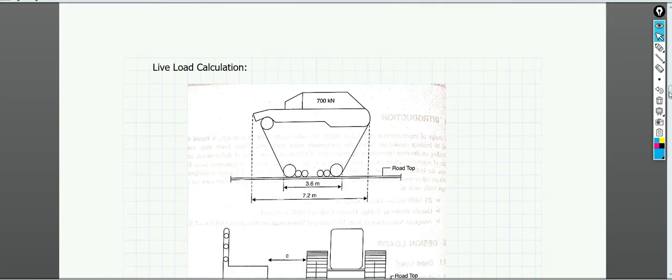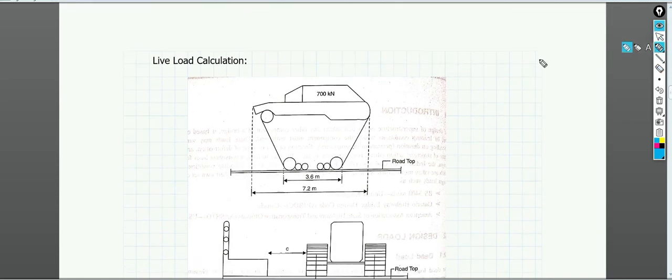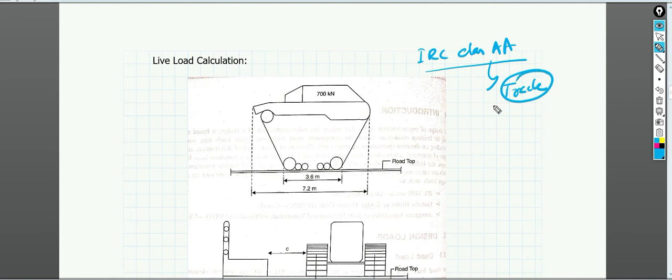So before going to the live load calculation, we know that the IRC class AA loading is to be used, which is actually, if I take the track load, then these are, suppose, the tanks. Okay, the loading of the tanks basically we have to take.